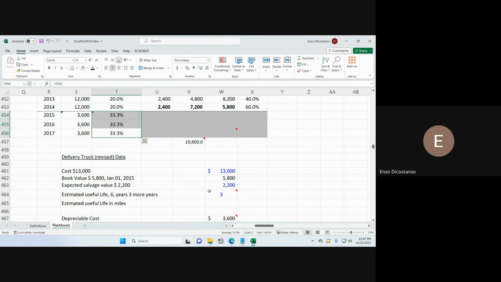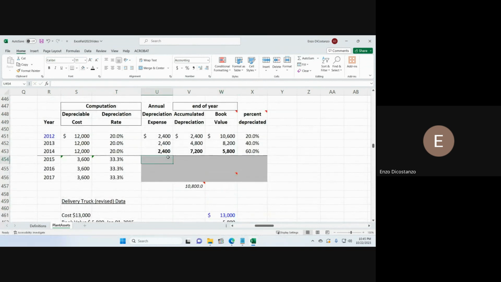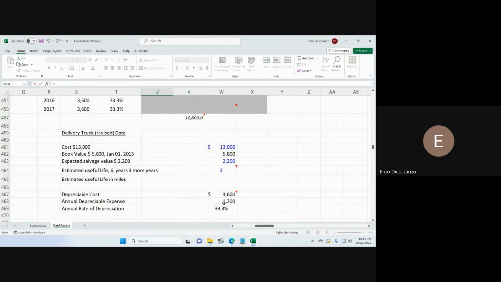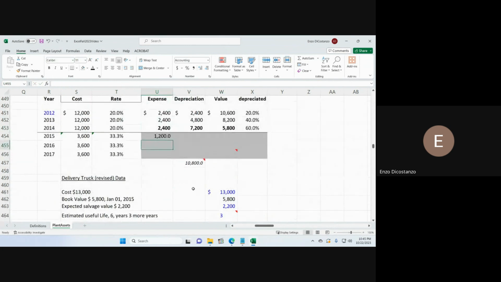And the annual expense would be now 1,200 as opposed to 2,400 because it's less years, right? And this would be equal to that 72 plus the 1,200, 84 plus the 1,200 again. And this is just Control D.